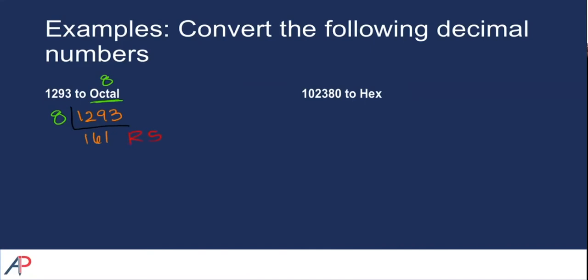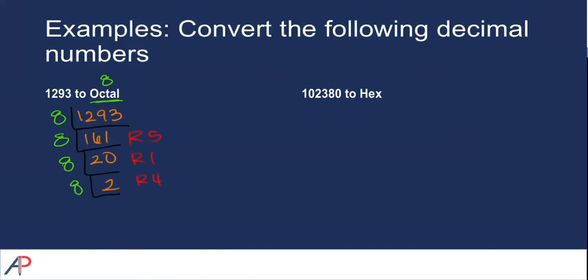Because our quotient is not yet 0, we're going to divide this by 8 again. We get a quotient of 20 with a remainder of 1. Still not 0, so we divide by 8 again, where we get 2 with a remainder of 4, and we still have not reached 0.